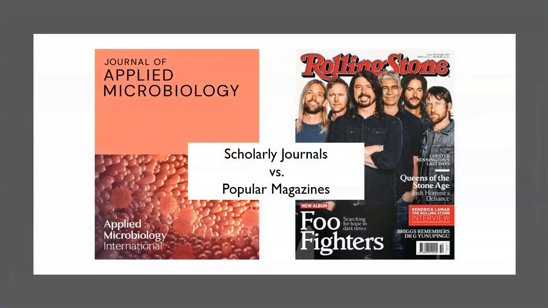So next, let's talk about the difference between magazines and periodicals or journals. Scholarly journals are aimed at specialists, professors, researchers, and students. Magazines are usually for the general public, and they have advertisements and lots of opinion articles.